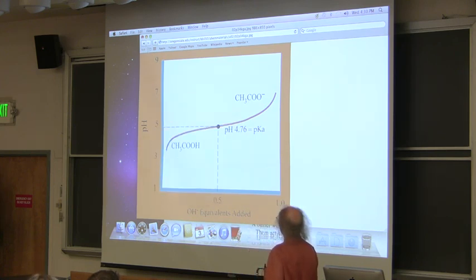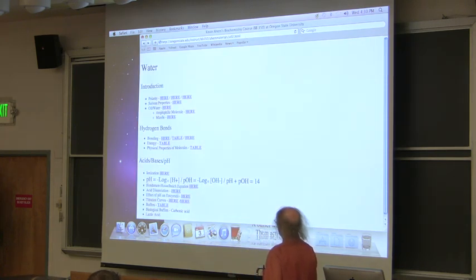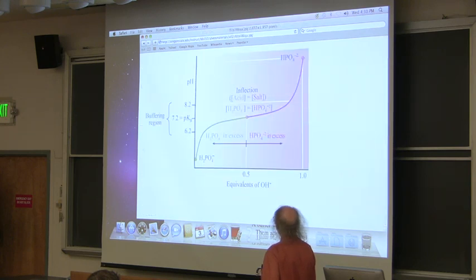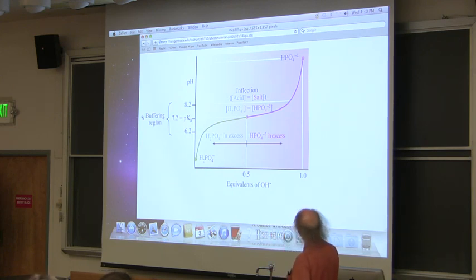Now, we see what's going on with buffers. Here's a little bit more dramatic of a titration curve. This shows a phosphoric acid. Here is the acid. Here is the salt. We see that within about a pH unit above or below, from 6.2 to 8.2, this curve is fairly flat.